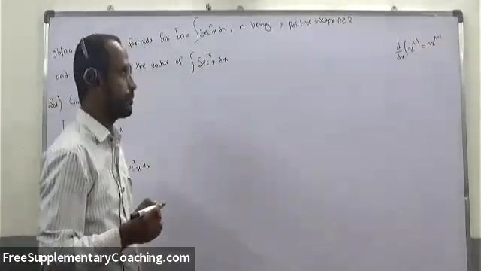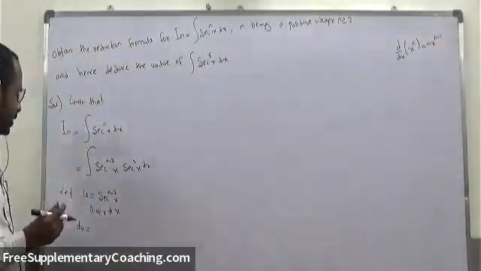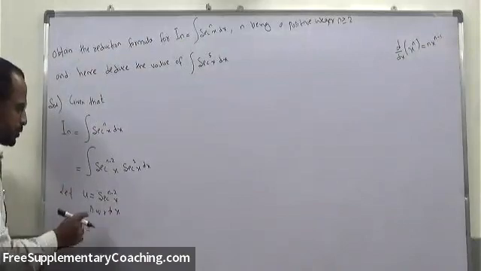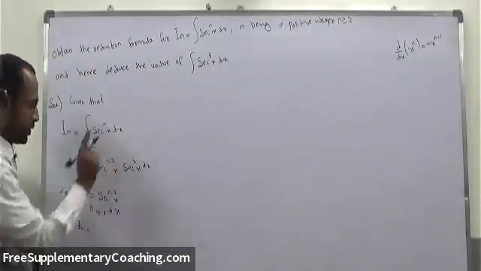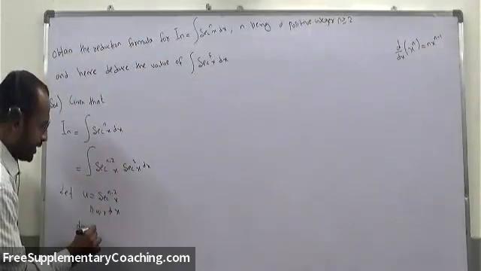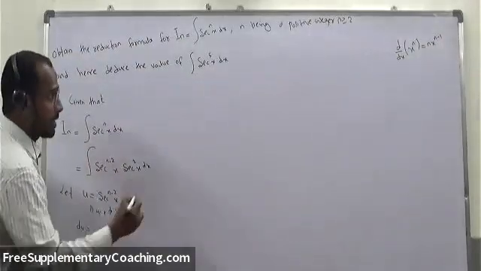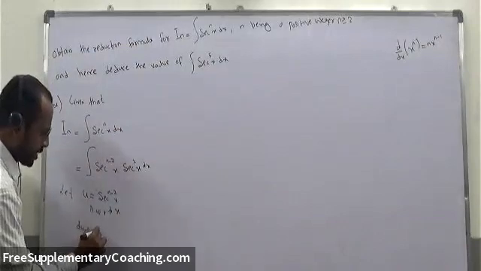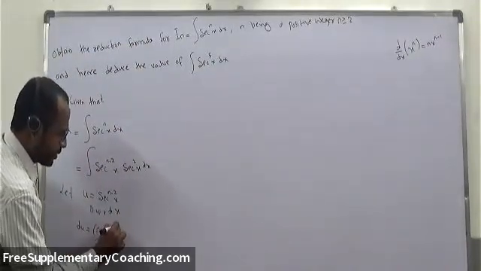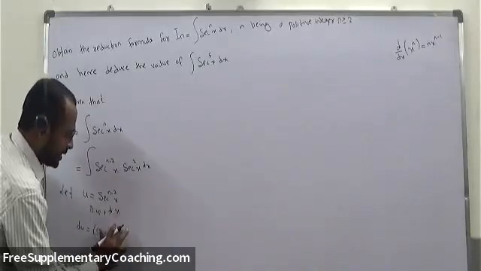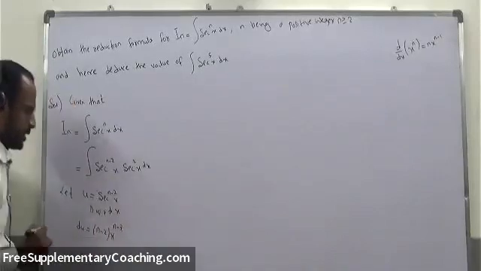Now du is equal to d by dx of x power n, according to that formula. So what we get is n into x power n minus 1, that is n minus 2 into x power n minus 2 minus 1, directly I am writing n minus 3.